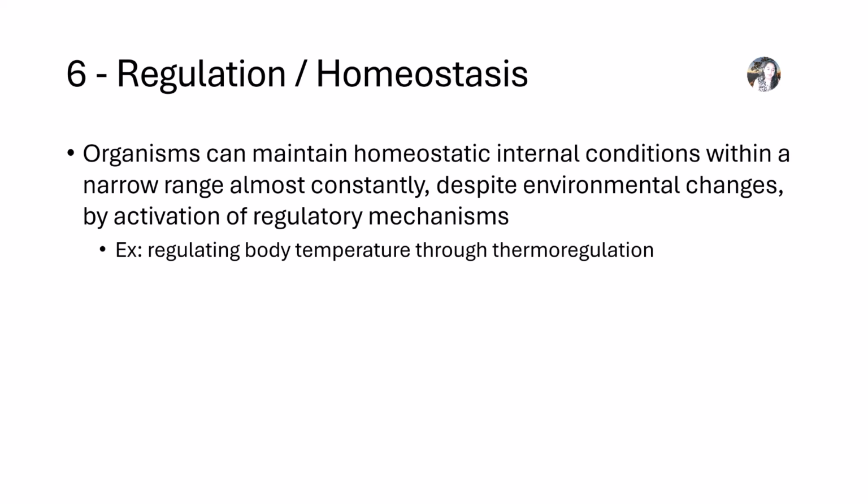Regulating body temperature through thermoregulation is one pretty clear example of homeostasis, how your body has to work to maintain that core body temperature and not have it go too high or too low despite us being in constantly different environmental conditions.